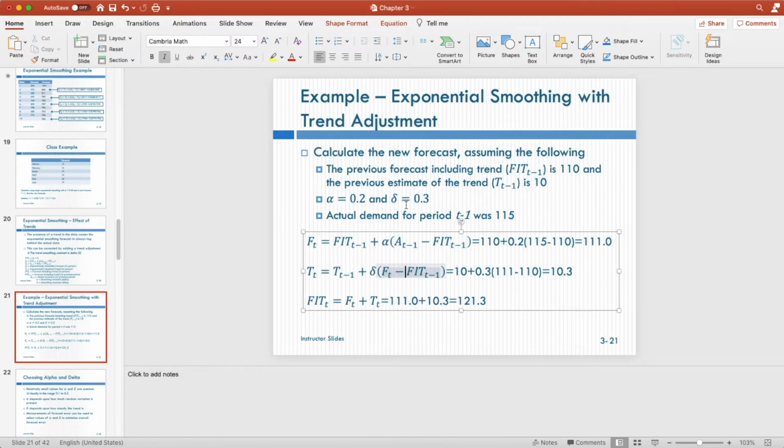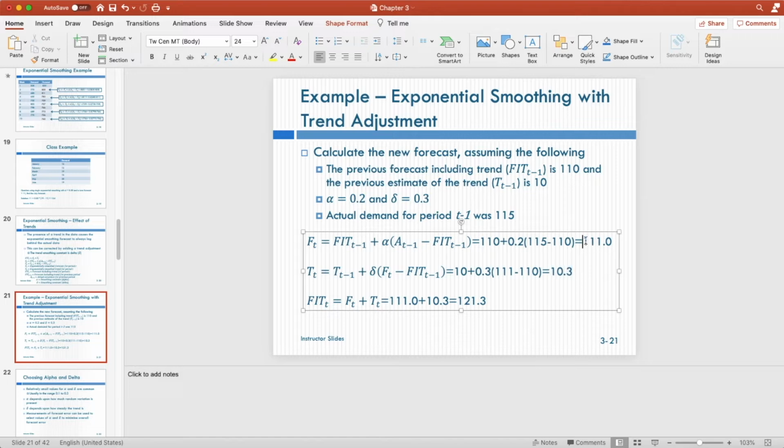What is sigma? It's 0.3, right? What is the difference between Ft and FIT t minus 1? Ft is already calculated from the last equation, which is 111. And FIT t minus 1 is already given from the context, which is 110. So you just calculate the difference, times 0.3 and then plus 10. That will give you the trend in period t, which is 10.3.